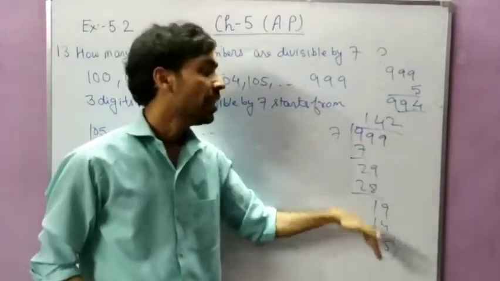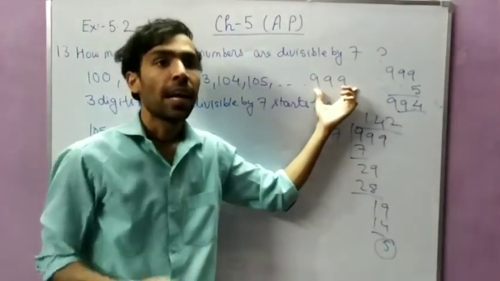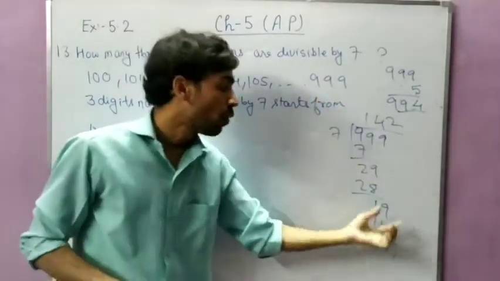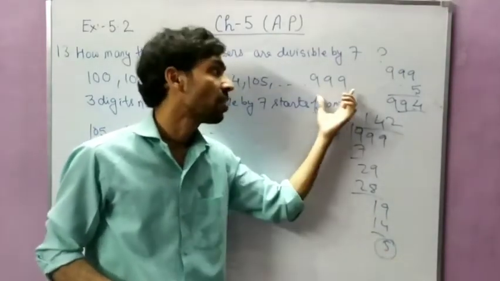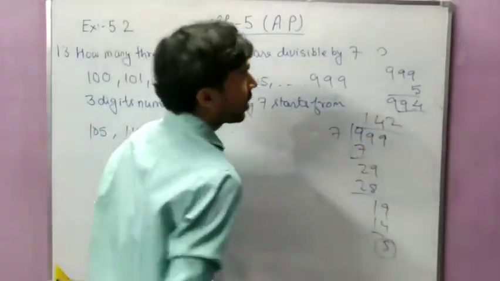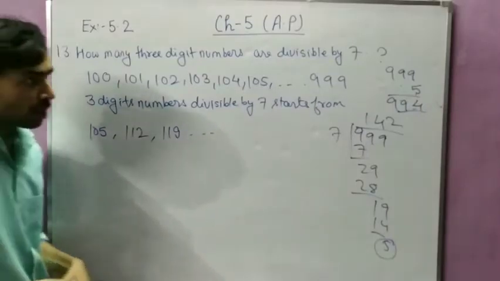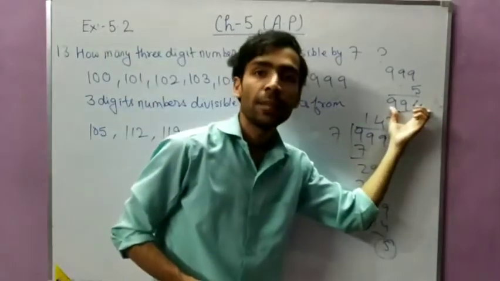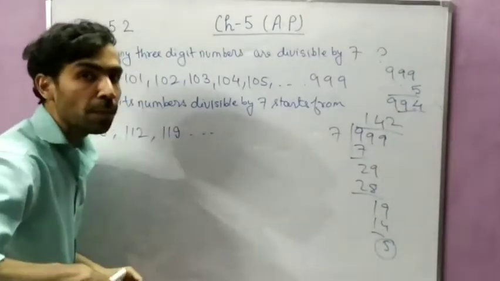When we add it, the number will become a 4-digit number, and we want only a 3-digit number. So whatever remainder you get, that remainder should be subtracted from the last term. When 5 is subtracted from the last term, we get 994.